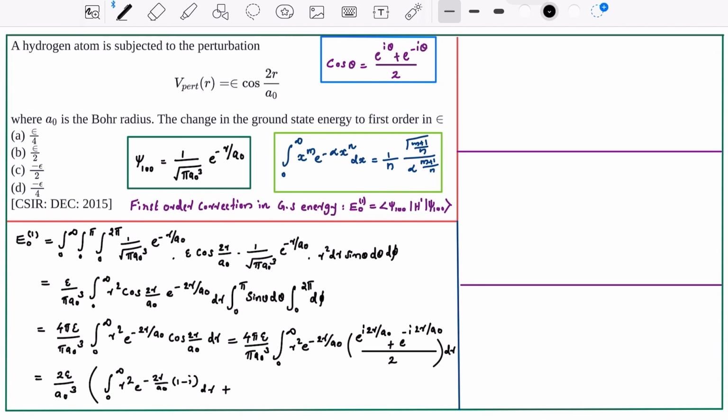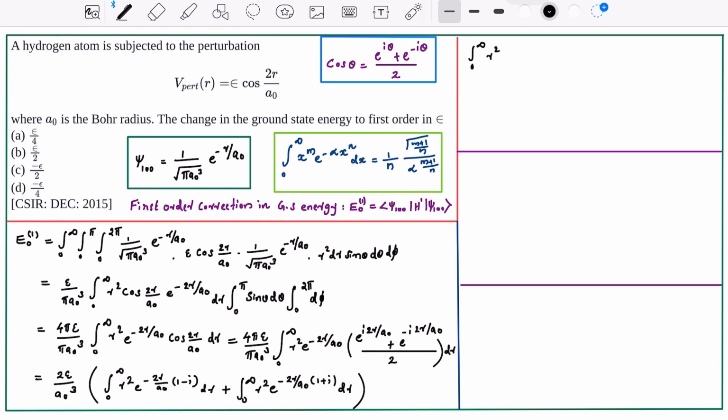The first term becomes (1 minus i) dr. The second integral is integral 0 to infinity R squared e raised to minus 2R by A0 into (1 plus i). Now we have to evaluate the integrals separately and then substitute in the expression to get the first order correction in ground state energy.